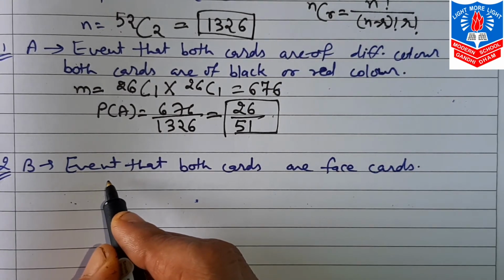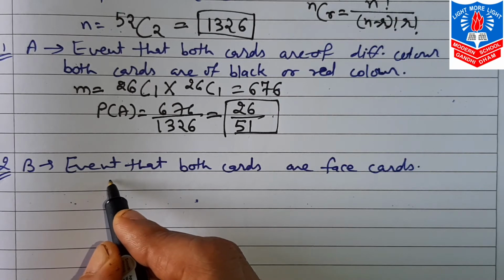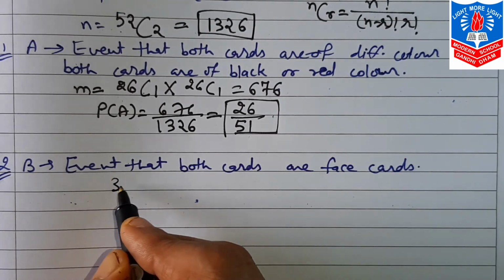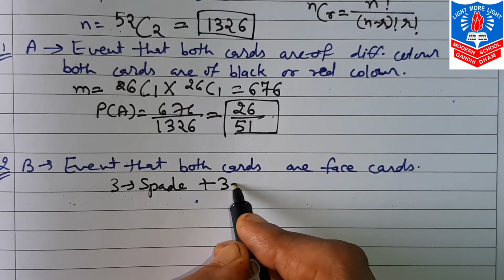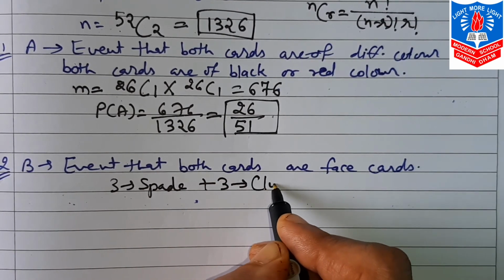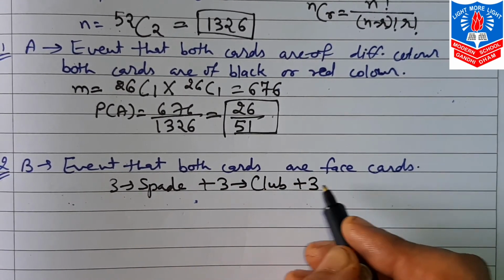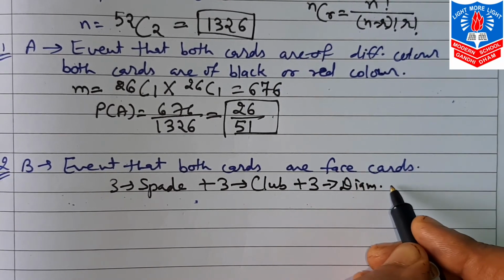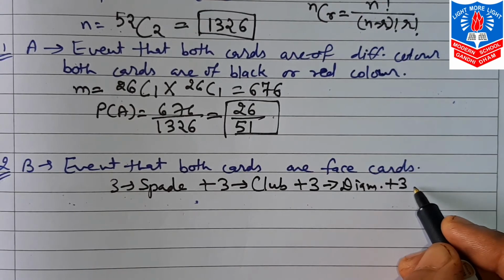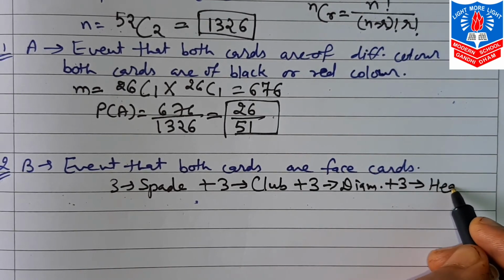And of those 12 face cards, 3 cards are spade, same way 3 cards club, 3 cards diamond, and 3 cards heart.